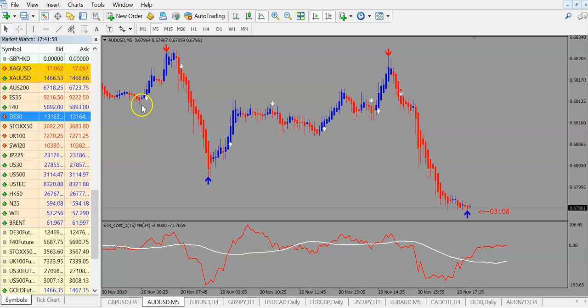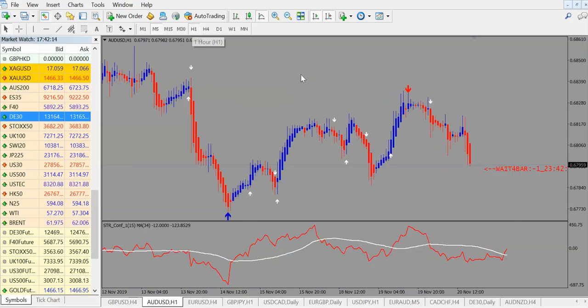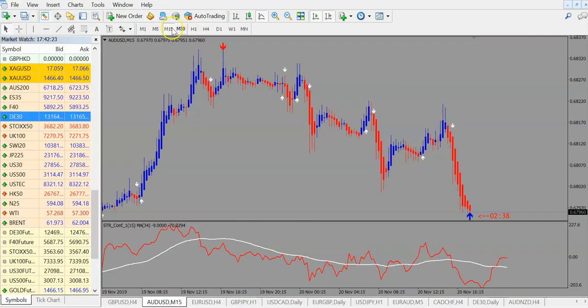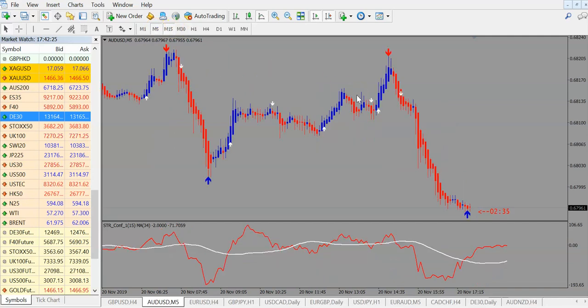You see we have here 1, 2, 3, 4, 5, 6, 7, 8 white arrows which are on different positions. We will go to 1 hour time frame, then to 15 minutes, sorry, and then to 5 minutes, and you see that all arrows are here.